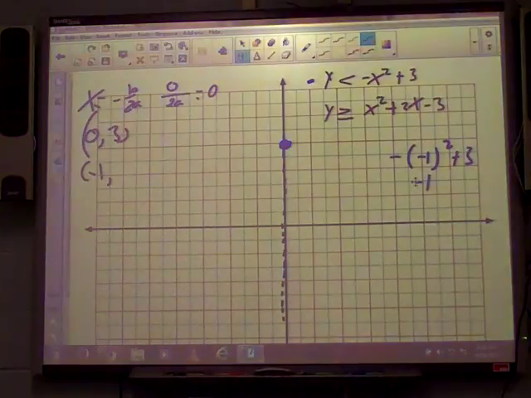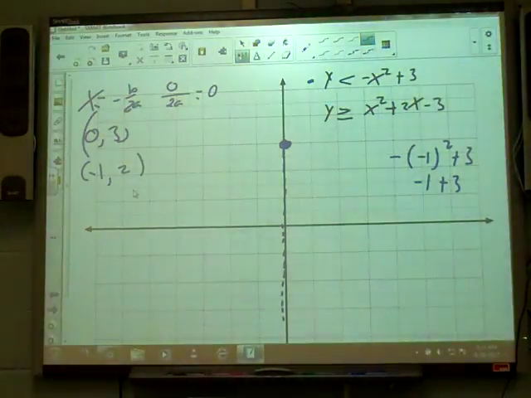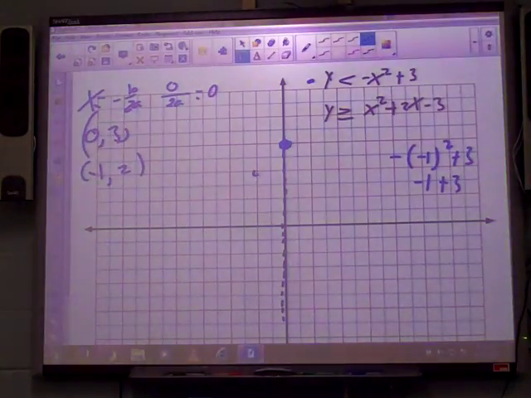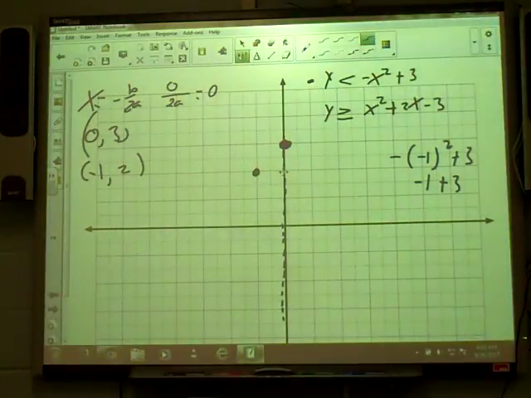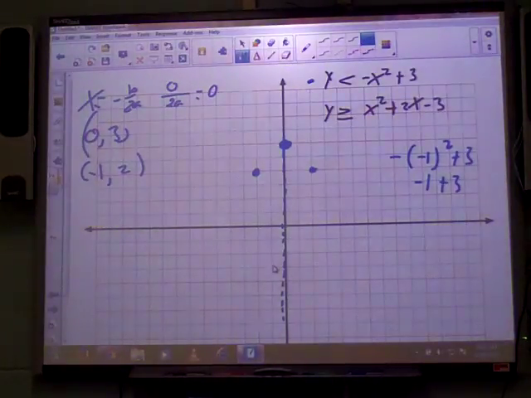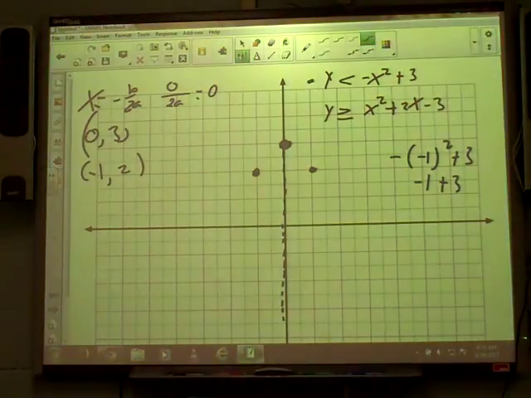Then you make it negative, so -1 plus 3 is 2, which is what Stephen said. So I'll go left 1 and up 2. Then I got to put it in the same spot on the other side. Okay, does this curve get the dashed or the solid line? Dashed, good.